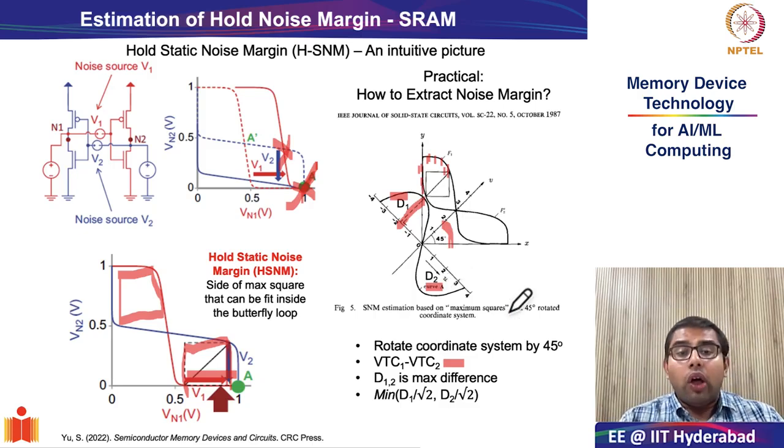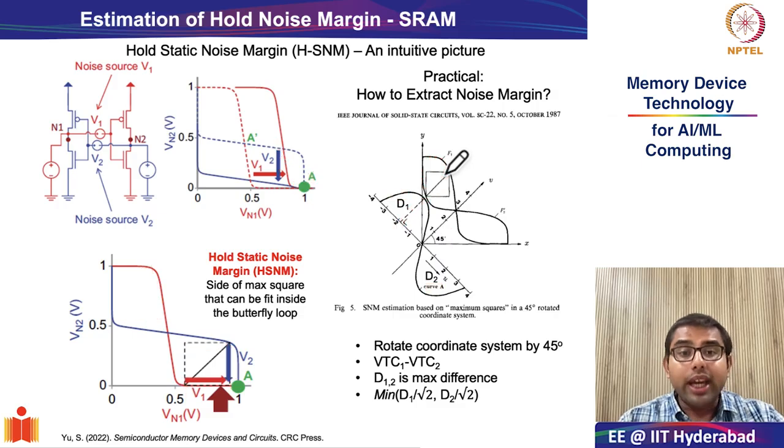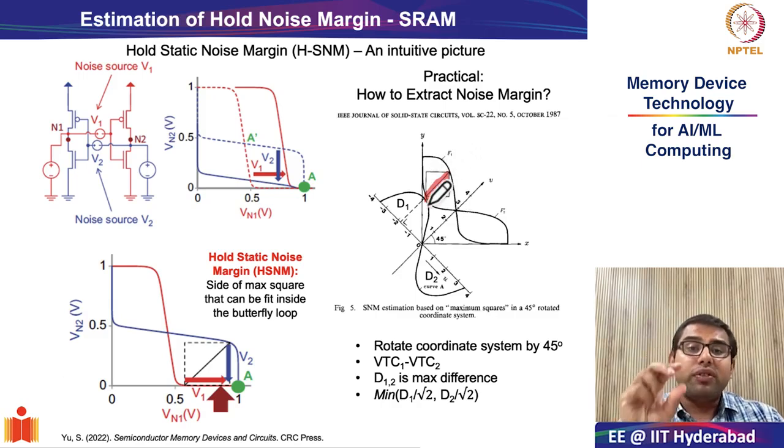Why are we so interested in finding D1 and D2? Because they happen to be the hypotenuse of the biggest square that can be nested inside the VTC loops, or the butterfly loops.